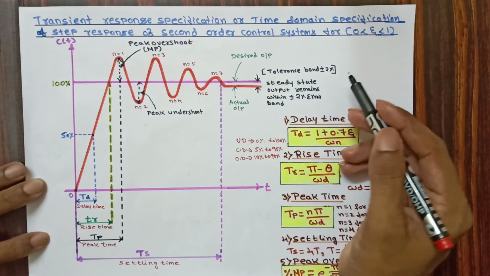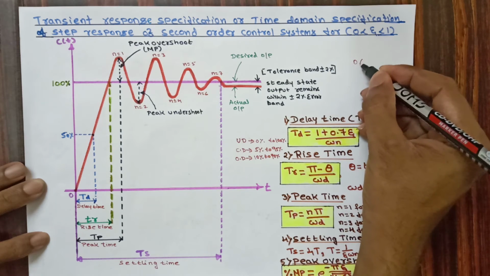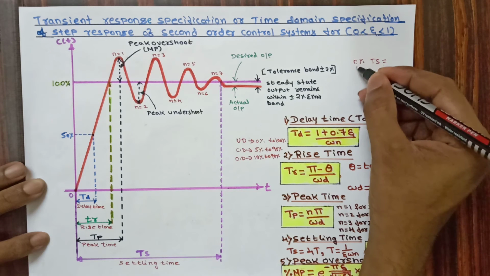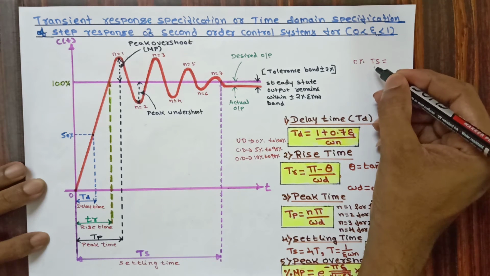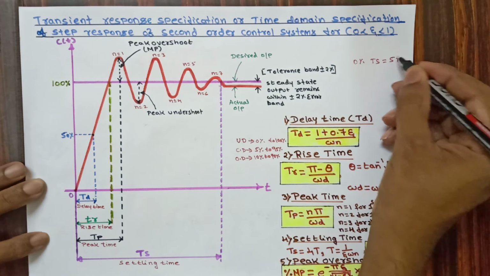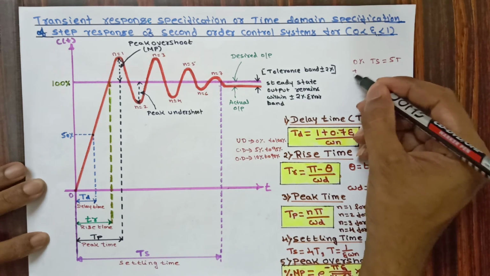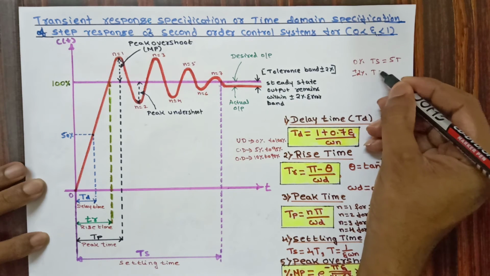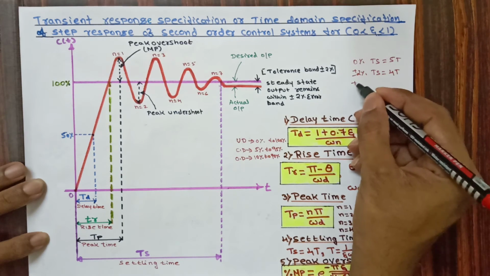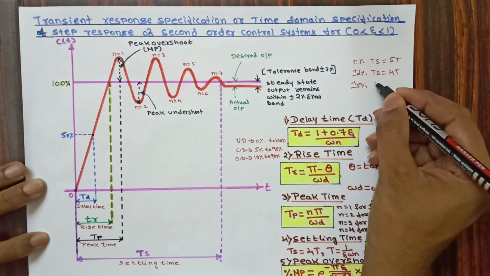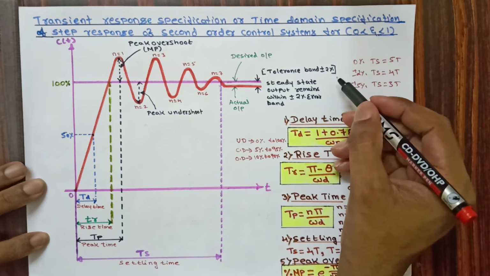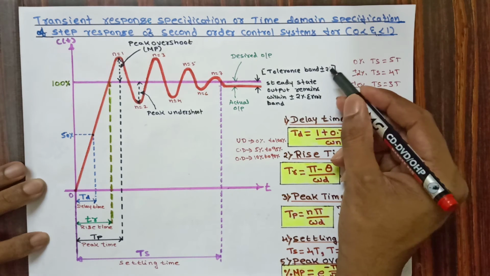For 0% tolerance band, we'll take settling time as 5 times the time constant, whereas for plus or minus 2%, we'll take settling time of 4 times the time constant. If it is plus or minus 5%, then the settling time will be 3 times the time constant. In this we have taken the example of tolerance band of plus or minus 2%.